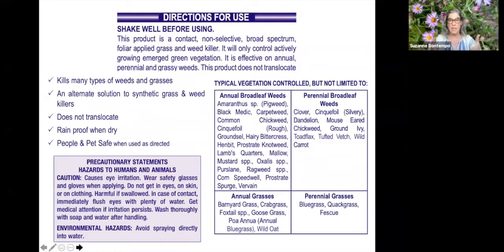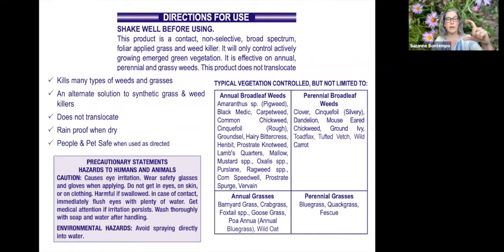So if I've got weeds between my prize winning roses that are already leafed out, those rose leaves might get killed as well. We also see that the mode of action is non-translocated, which means it's not moving through the cell tissue of the plant. It is rainproof when dry, and it's people and pet safe when used as directed.